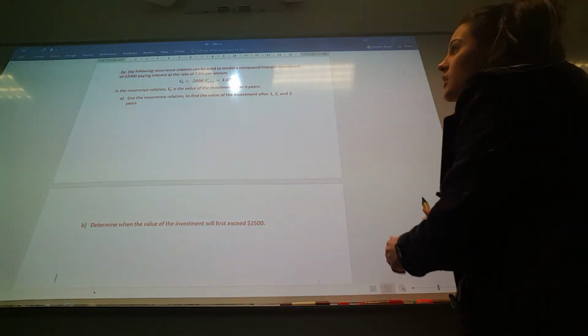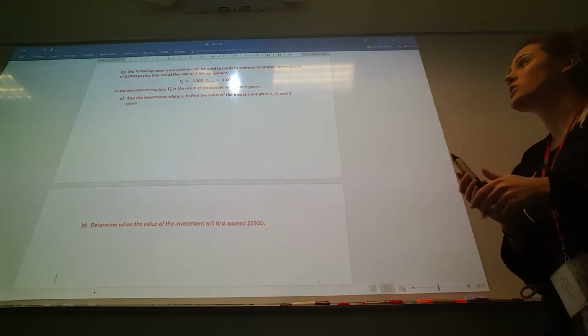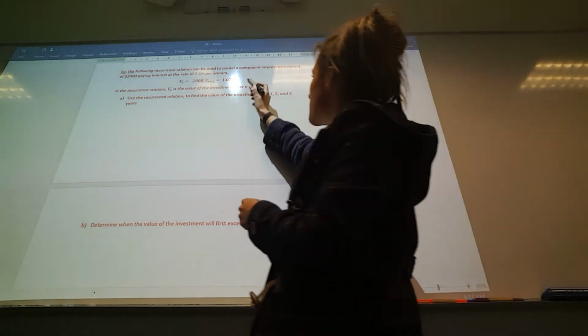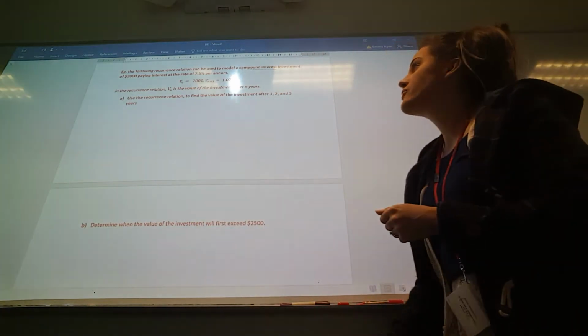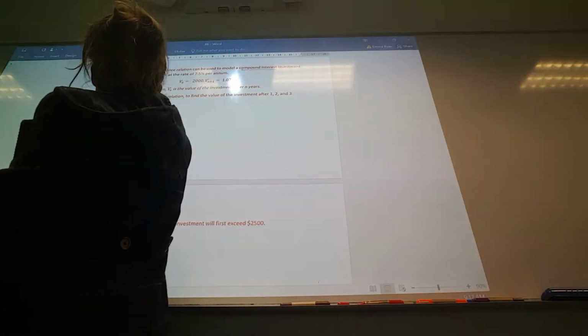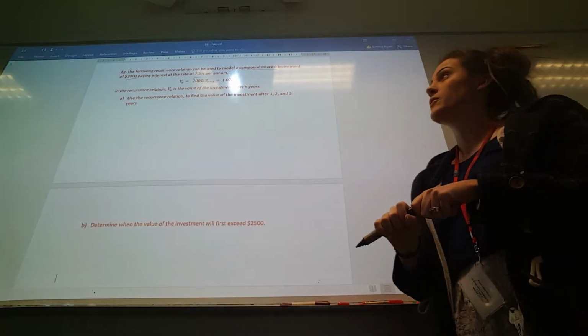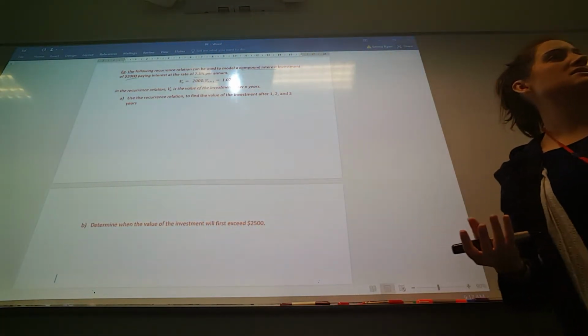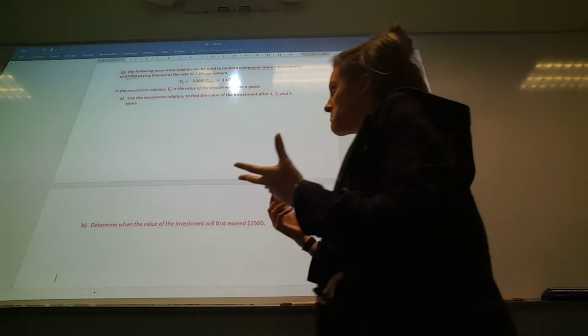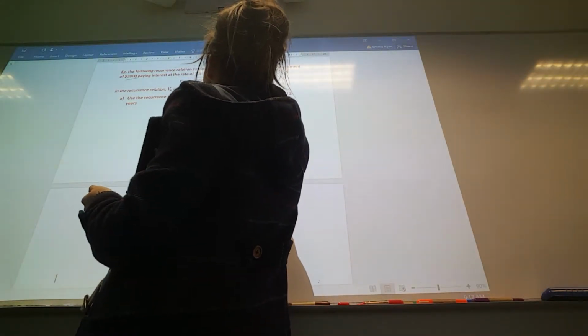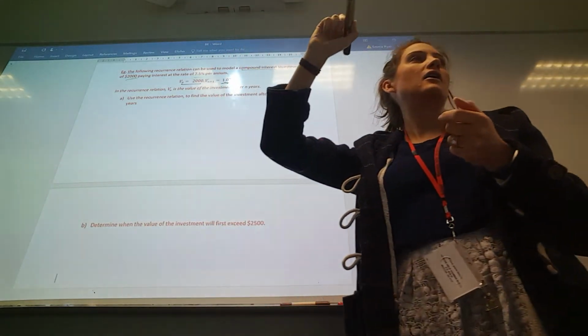Okay, so the example we have: the following recurrence relation can be used to model a compound interest investment of $2,000 paying interest at the rate of 7.5% per annum. So they've given us the recurrence relation, they've told us what our starting value is, and they've told us what we have to multiply by.